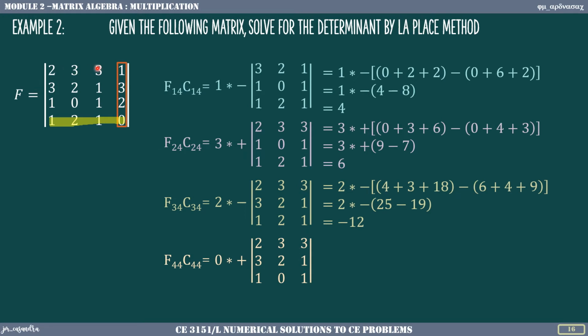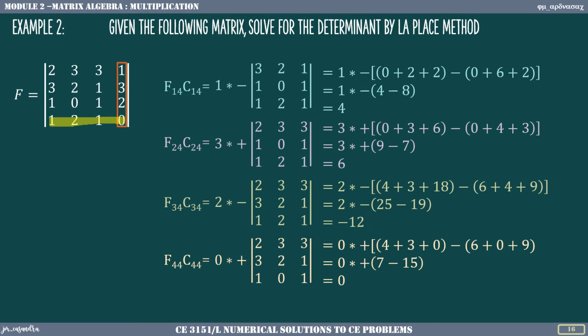So we have 2, 3, 3, 3, 2, 1, 1, 0, 1. Simplifying, it's 0 times the sum of the downward diagonals minus the sum of the upward diagonals. That's equal to 0 times 7 minus 50, which is equal to 0.